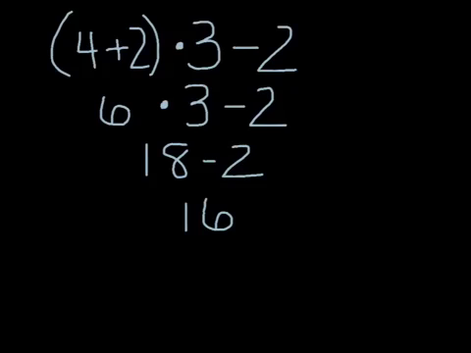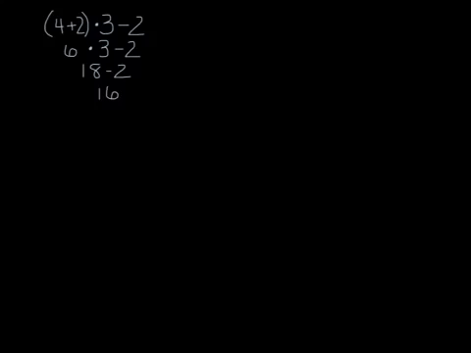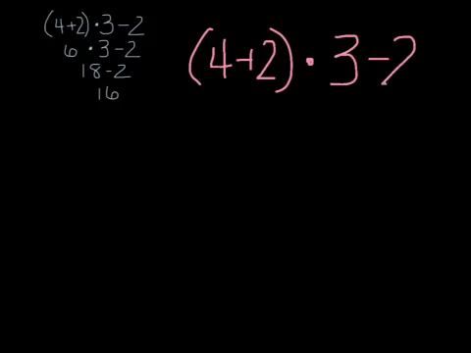Now you might be asking yourself, what would happen if I did that in a different order? Let's take a look at that same problem. If I do 4 plus 2 times 3 minus 2, again, same problem, but I choose to do it in a different order.